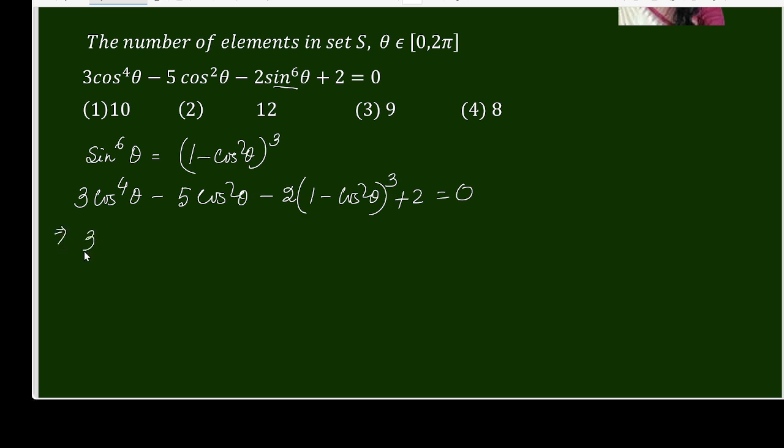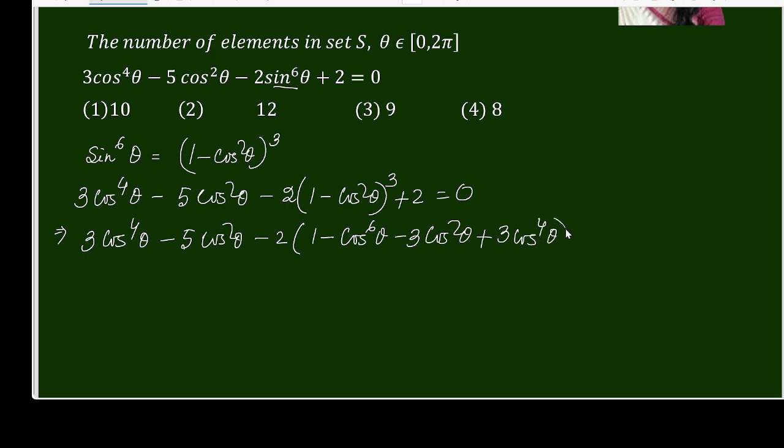Or 3 cos^4 theta minus 5 cos^2 theta. I am expanding this, (a minus b) whole cube: 1 minus cos^6 theta minus 3 cos^2 theta plus 3 cos^4 theta, plus 2 equals 0.